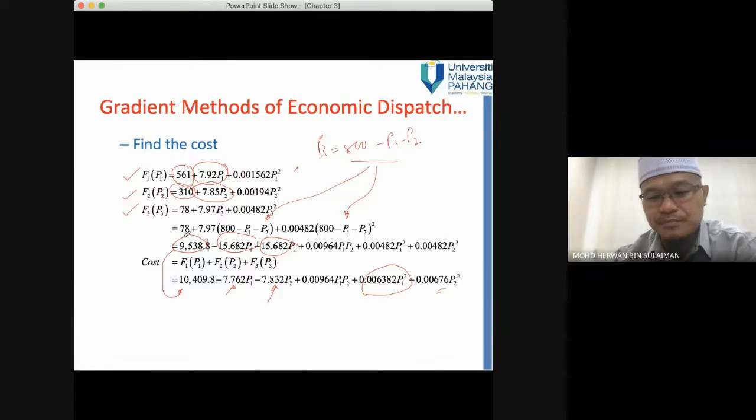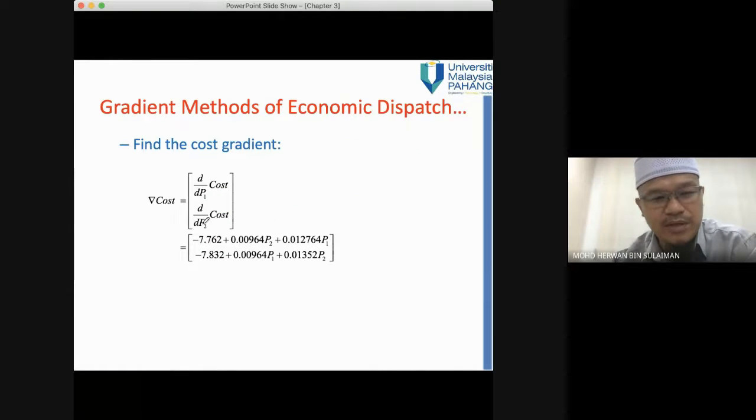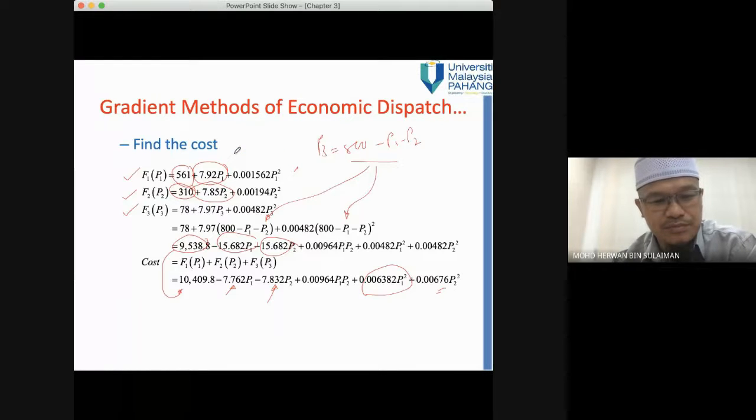Okay. Once you get this value, you find the gradient of the cost. The gradient is d cost over dp1 and d cost over dp2. So d cost over dp1, you take the derivative of the cost with respect to p1.